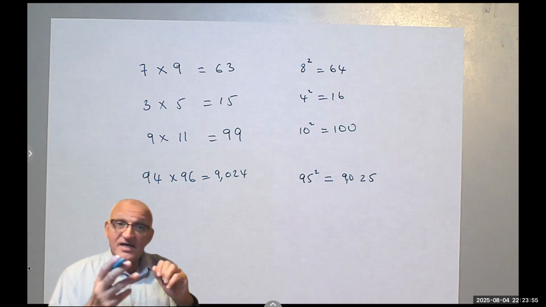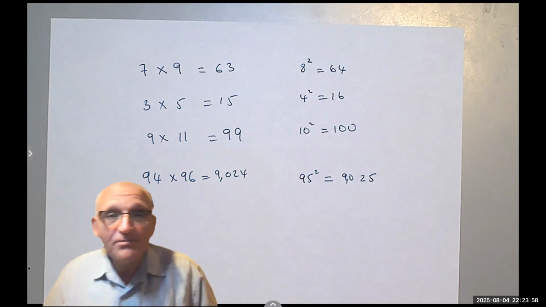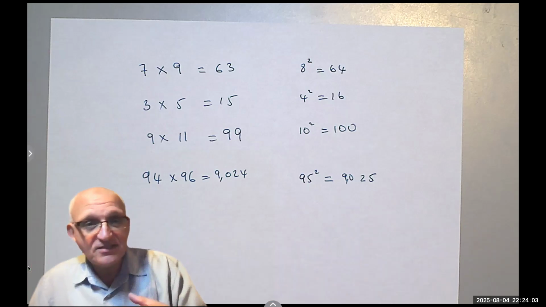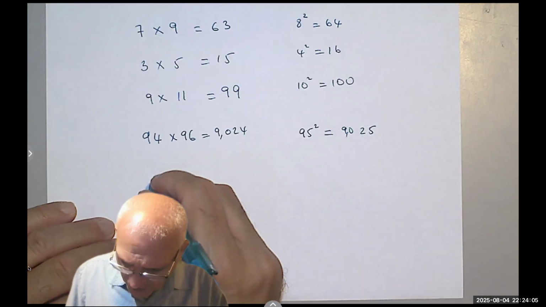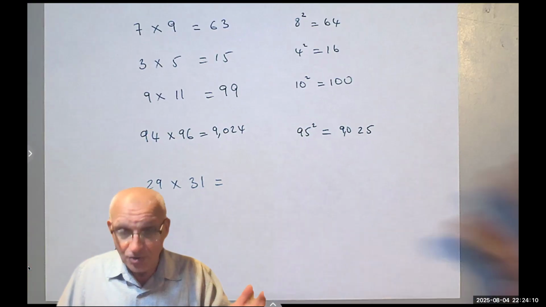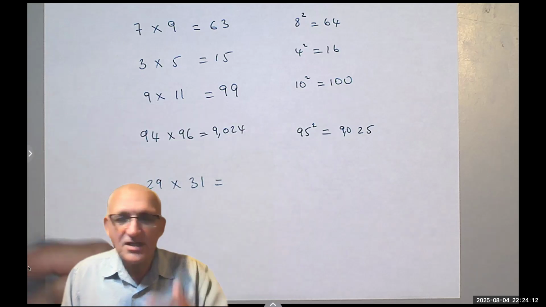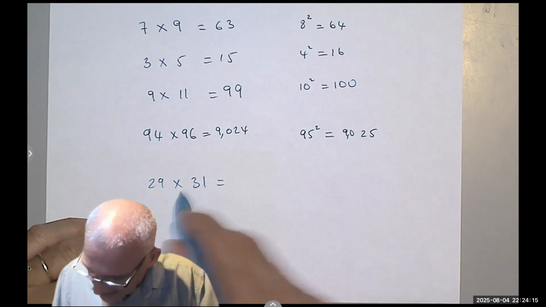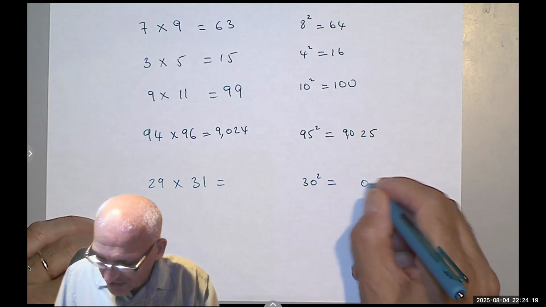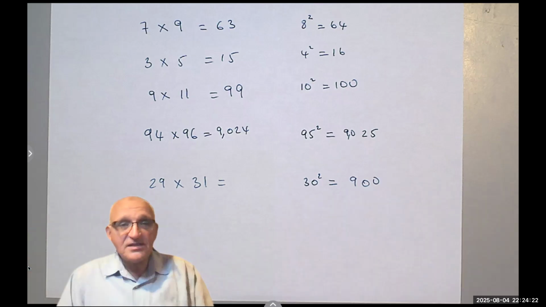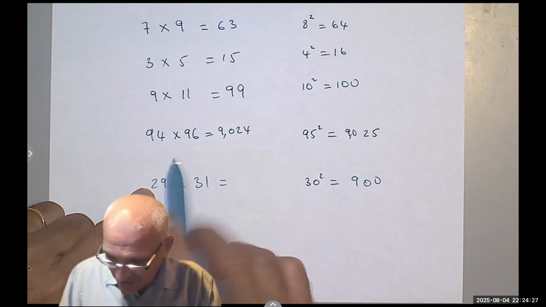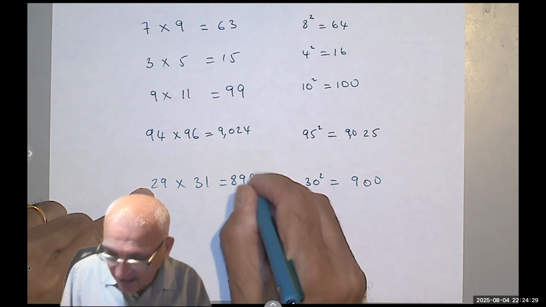Now let me give you something else that is easy. If two numbers, one of them ends with 9 and the other is 2 more, so it ends in 1. For example, what is 29 times 31? You say, oh, I don't know, give me a calculator. And then you say, oh my God, no, I remember. I'll take the middle number, which is 30, and multiply it by itself. Of course, you have two zeros, and 3 times 3 is 9. So 30 times 30 is 900. Take 1 away because the middle number was 30, you get 899.